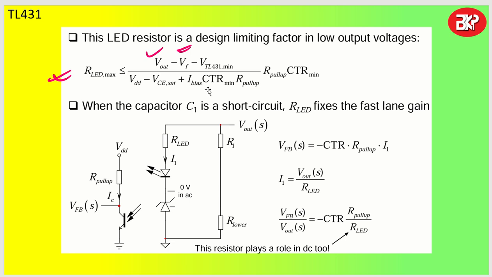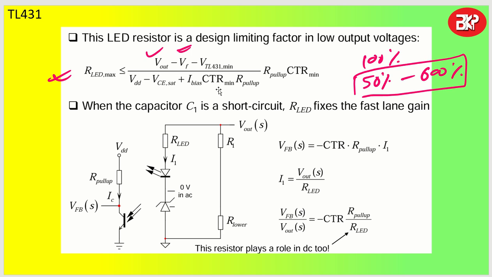Then this is my I bias into the current transfer ratio. Let us say we consider the current transfer ratio as 100%. We generally choose optocouplers between 50% to 600%.